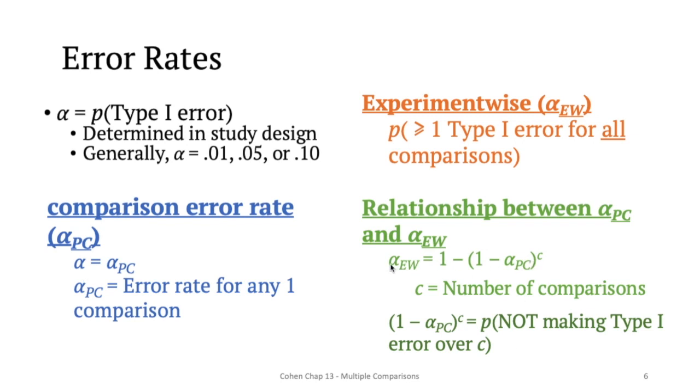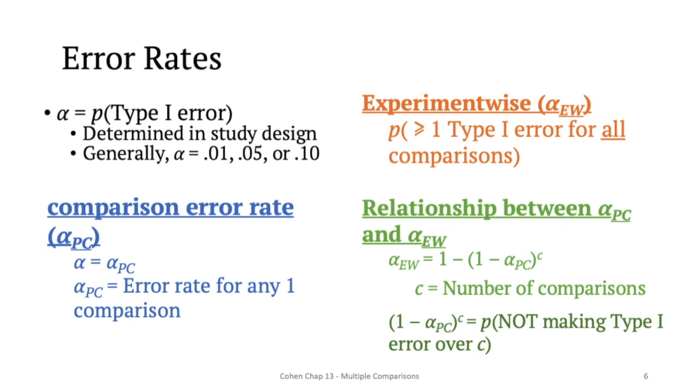The equation to actually figure out your chance of committing a type 1 error is this equation right here: 1 minus, and then in parentheses, 1 minus your alpha level, to the power of how many comparisons you're doing.